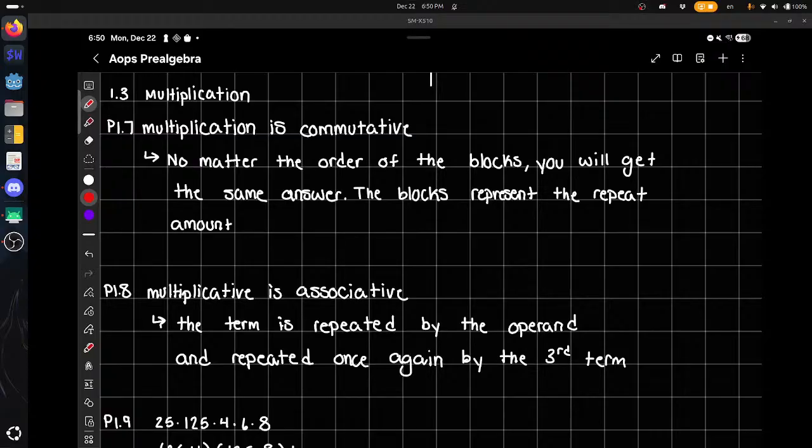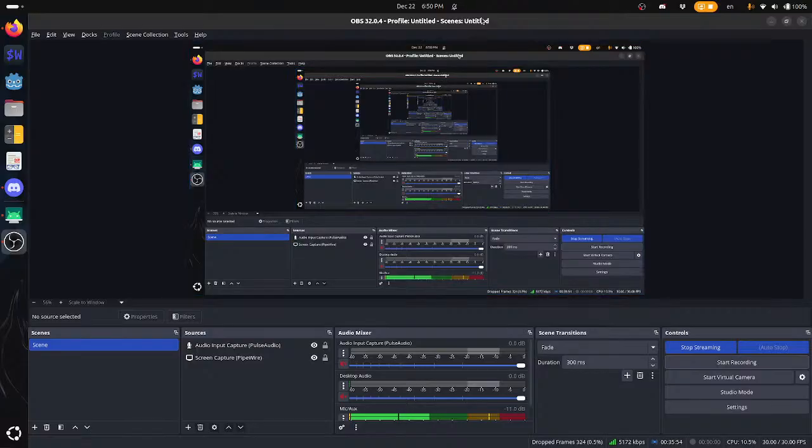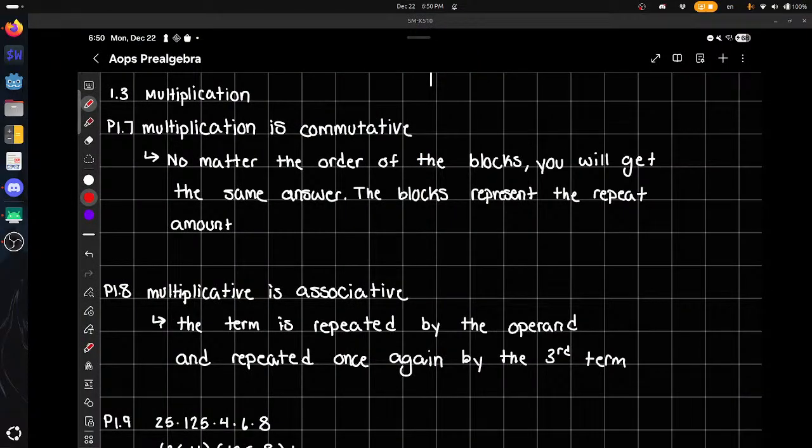Let's see. But let's try to understand what they wrote. Let me check my OBS real quick. Testing. Okay, everything's working.